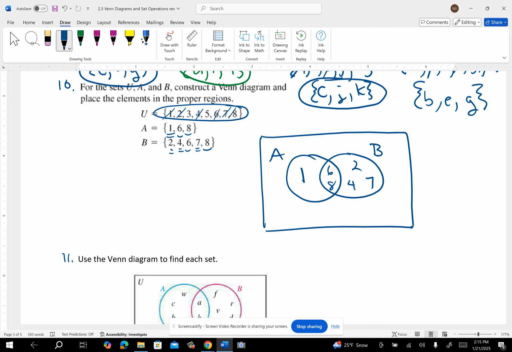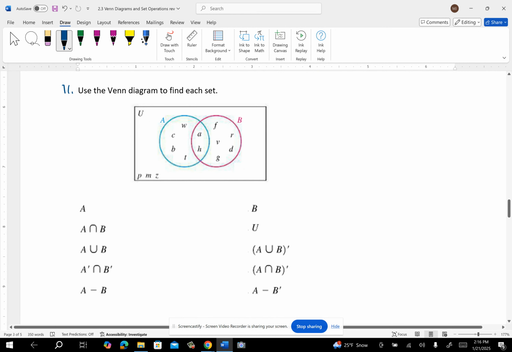So all that's left are 3 and 5, and 3 and 5 are not in set A or set B. So put them somewhere around the outside of those. This is your universal set right here. 3 and 5 are in the universal set, but they're just not in either of those. So that's how you could create a Venn diagram if you're asked to do so or if you want to do so. Okay?